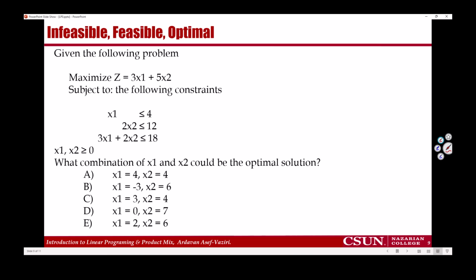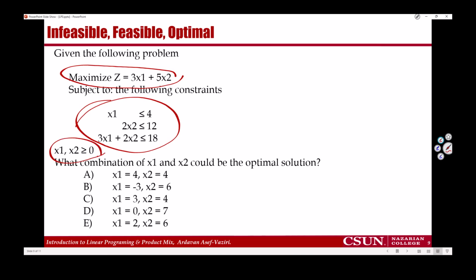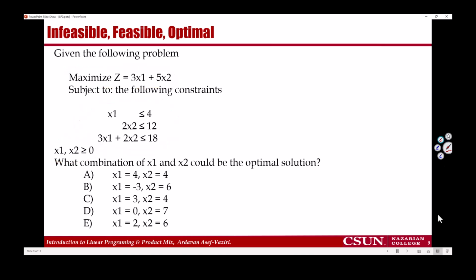Look at this problem. Objective function, functional constraints, non-negativity constraints. Consider the situation with each of these solutions. Which one of them is feasible, and among feasible solutions, which one is optimal or could be optimal?